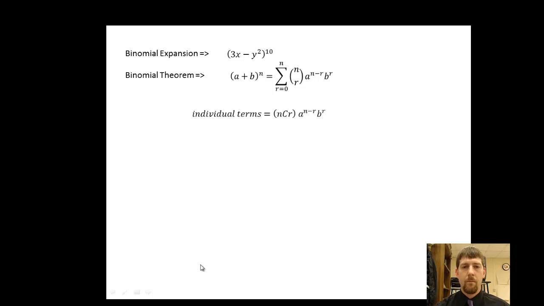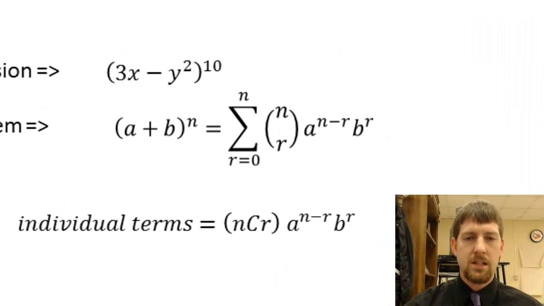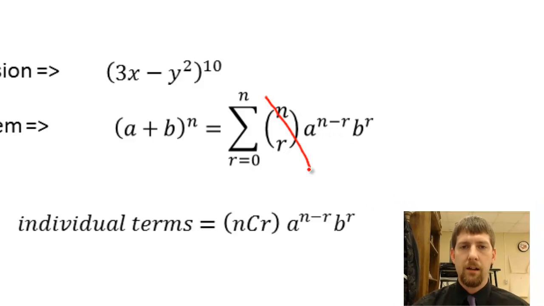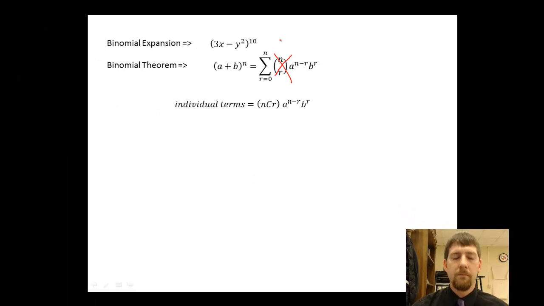So we start out by looking at this expression. Now, nobody uses this parentheses n over r thing anymore. Well, almost nobody. What we usually use is nCr. So I'm going to eliminate this parentheses n over r, and I'm going to change it to nCr.